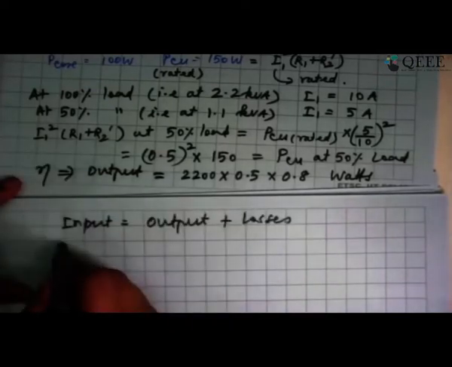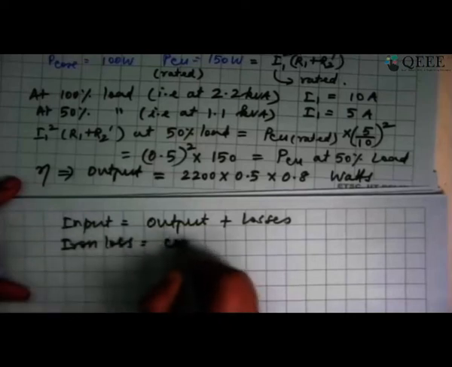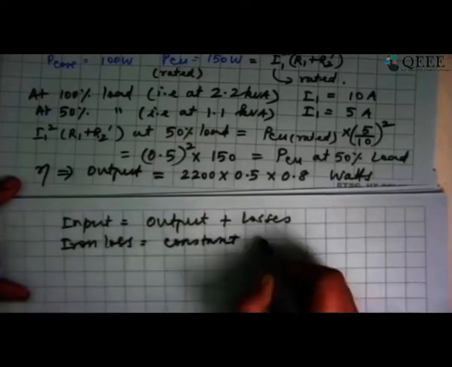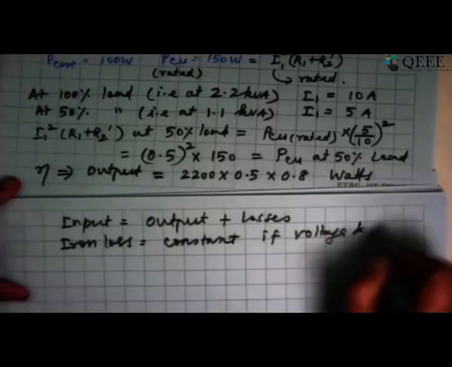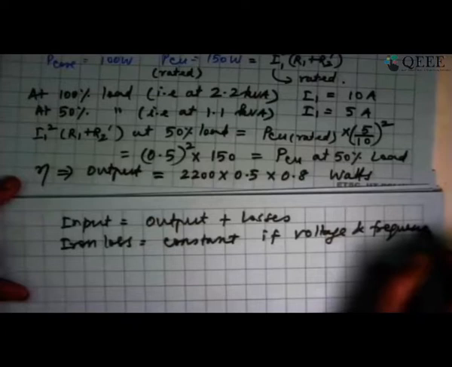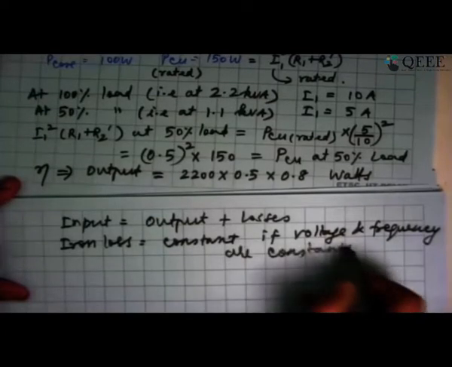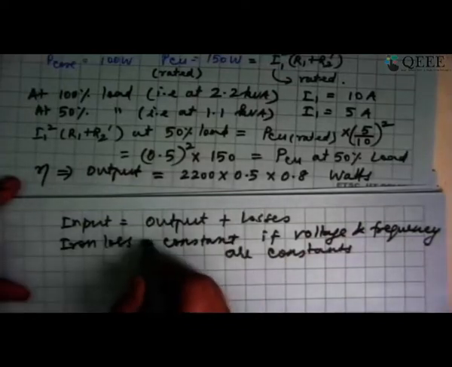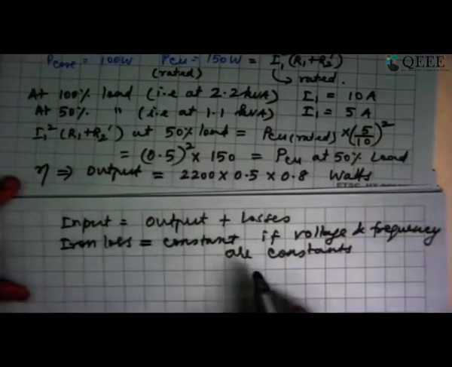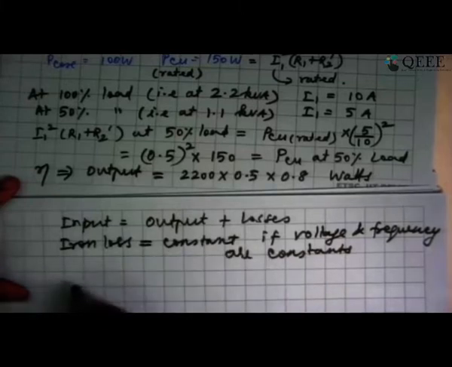Please note that iron loss will be a constant if voltage and frequency are constants. And voltage and frequencies are generally constant in a transformer. We never operate it at any other voltage or any other frequency. If it is a 220 volts 50 hertz transformer, we'll operate it only at 220 volts and 50 hertz.